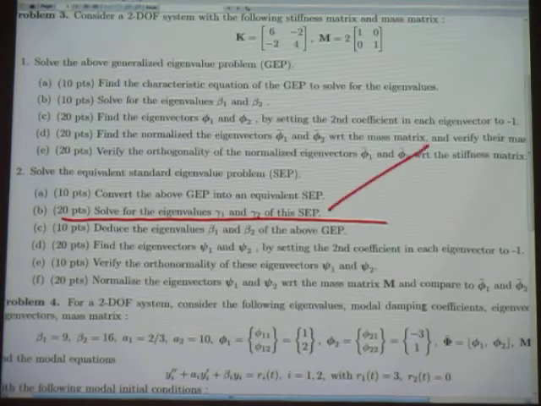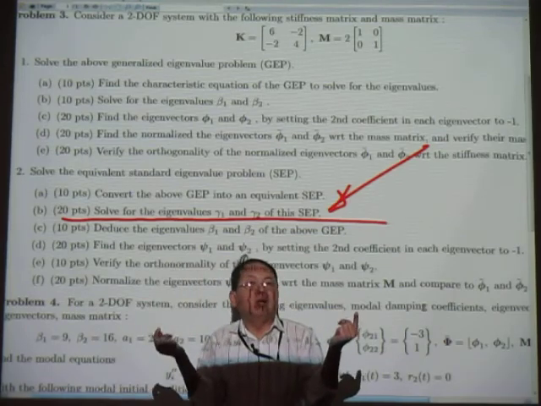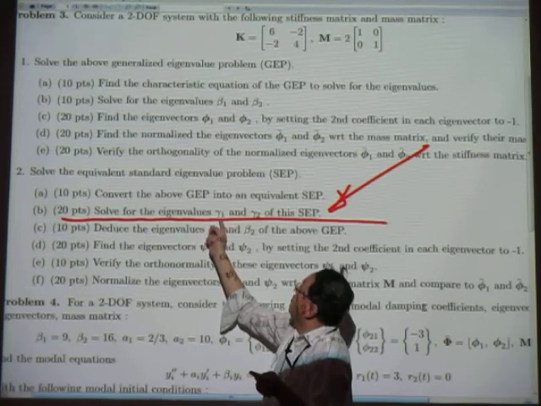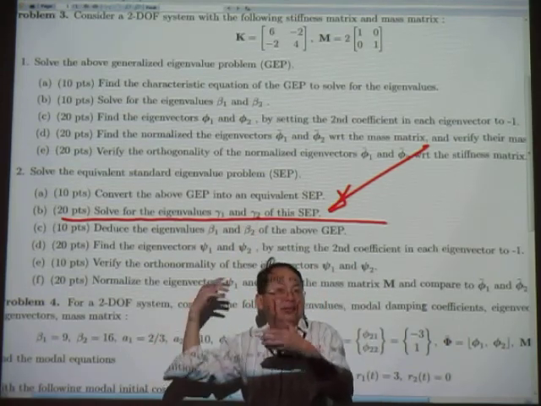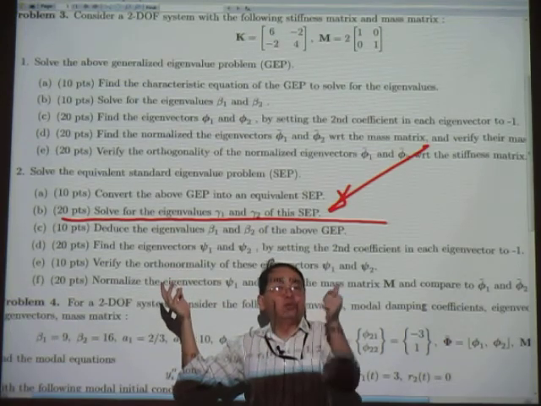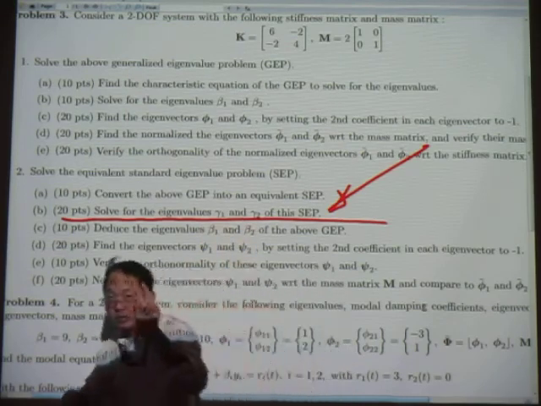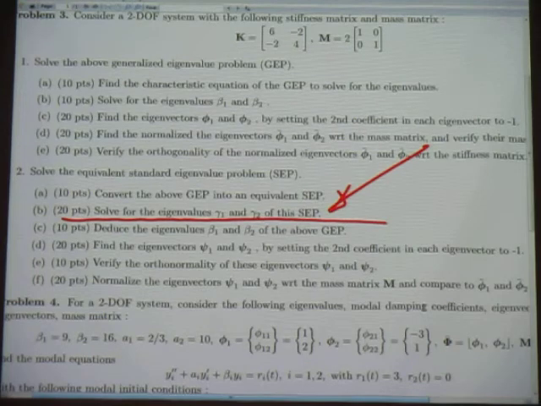In this question, I give you the freedom to choose whether you use method 1 or method 2. If you use method 1, then your answer for gamma 1 and gamma 2 would be the same as the eigenvalues of the generalized eigenvalue problem. If you use method 2, then gamma 1 and gamma 2 are 2 times beta, the eigenvalues of the generalized eigenvalue problem.